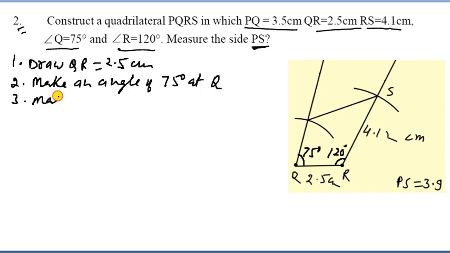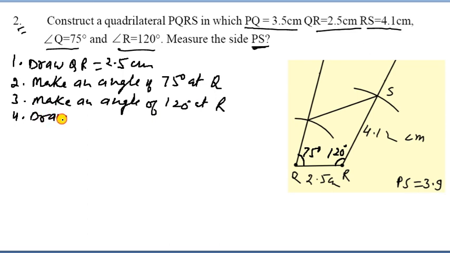So write this. Third, make an angle of 120 degrees at R with the help of a protractor.